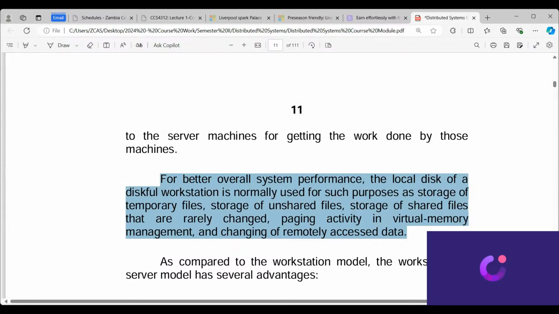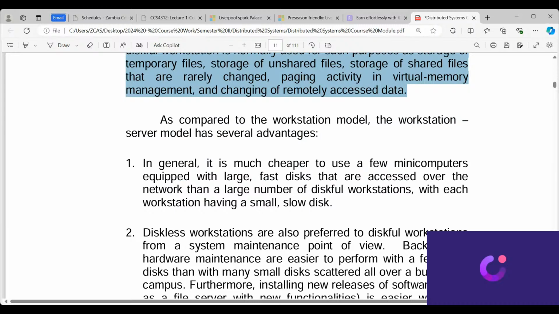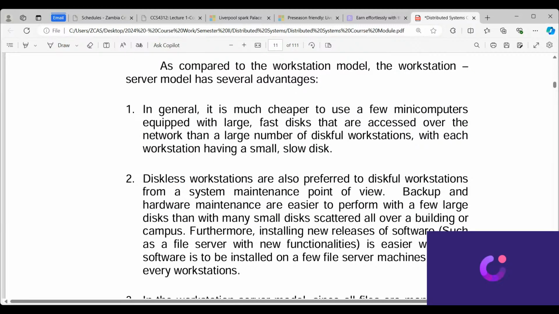As compared to the workstation model, the workstation server model has several advantages.